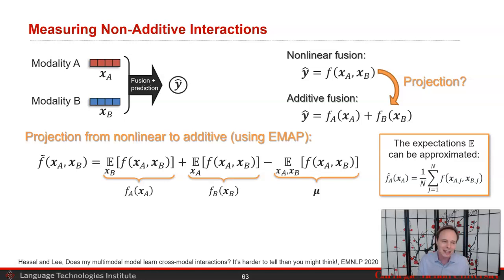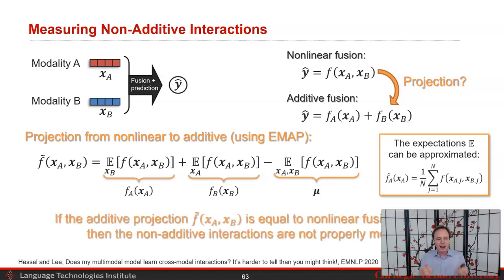And that prediction is nice because it is the prediction if I do it in an additive way. If predicting in an additive way is always equal to predicting with the full model, then the hypothesis is that there is no non-additive, non-multiplicative interaction that has been properly modeled.